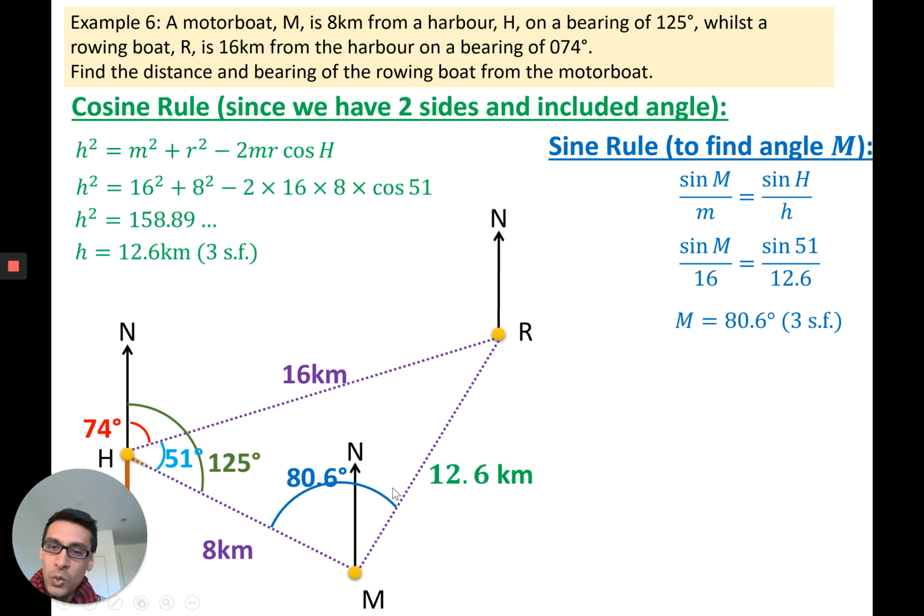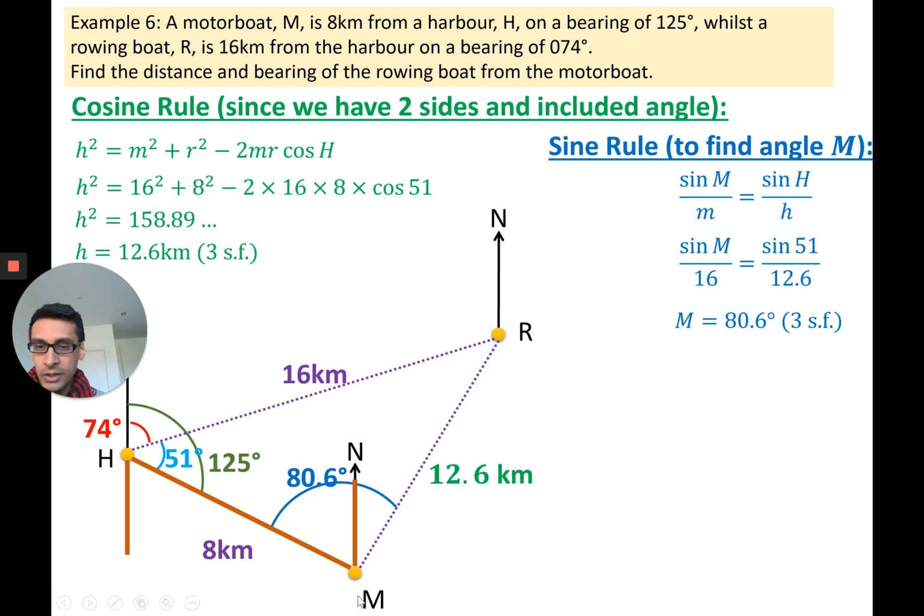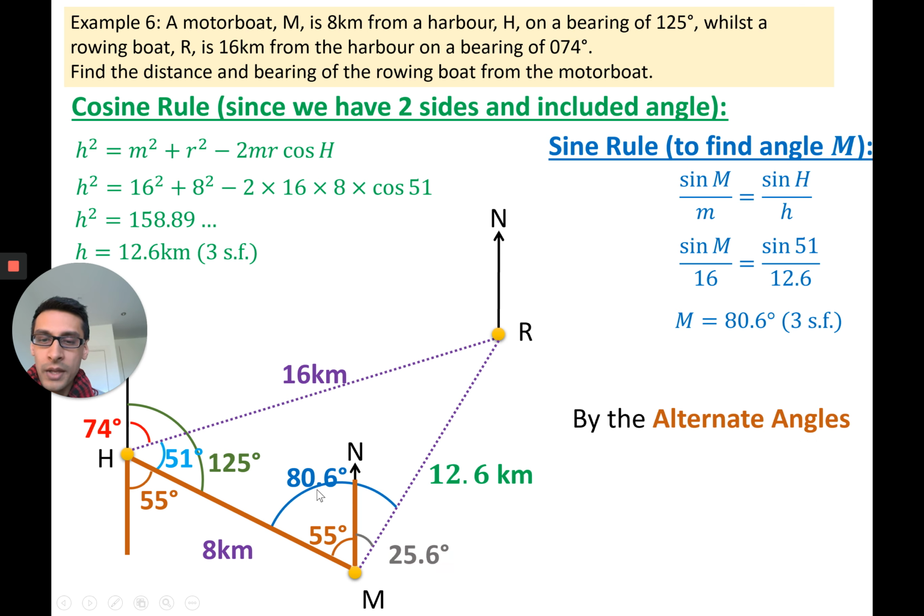However, you alternate angle to work out this. So that's 55. This must also be 50. You can do what's left to 55 from 80.6 and you can 25.6. Now is over to 5.6.